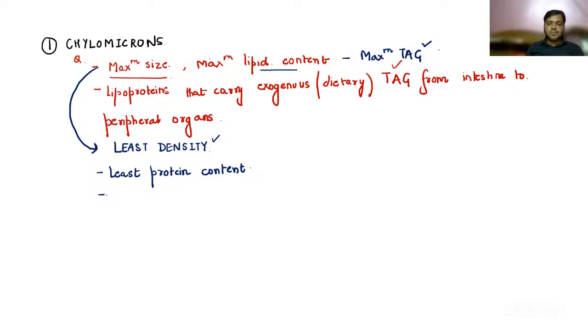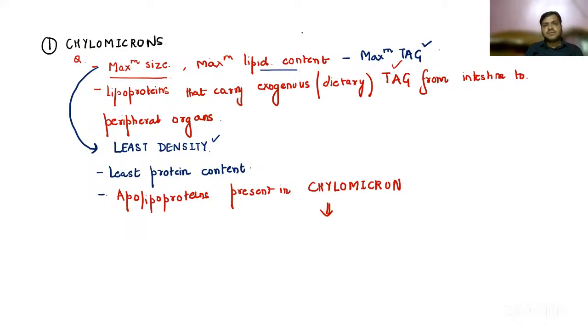Now, what are the apolipoproteins? This again is very important. Vikas, can you tell me in the chat box what an apolipoprotein is? The apolipoprotein present in chylomicron is very important and is often asked.